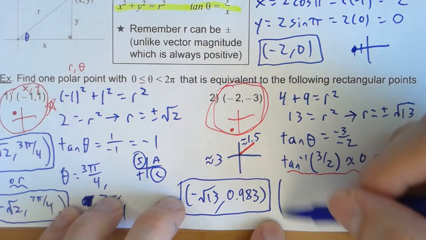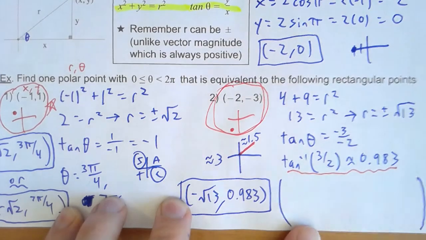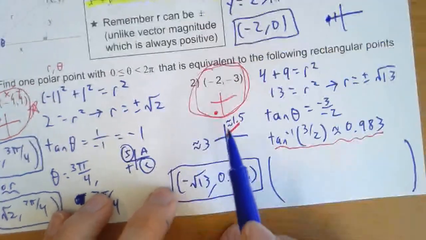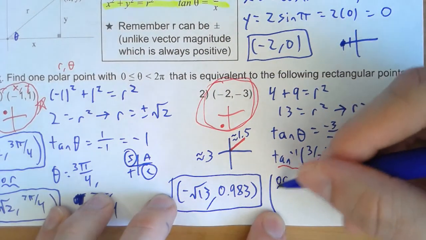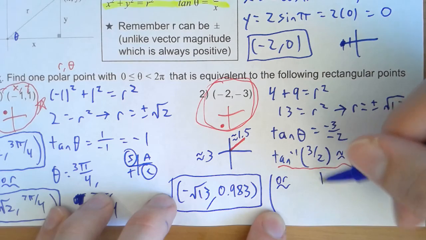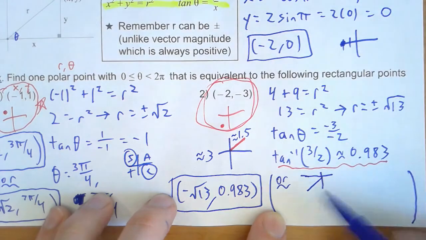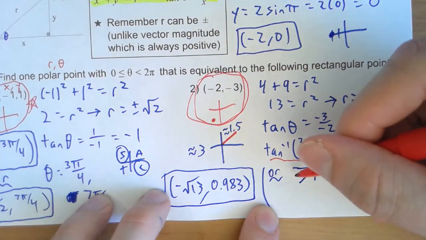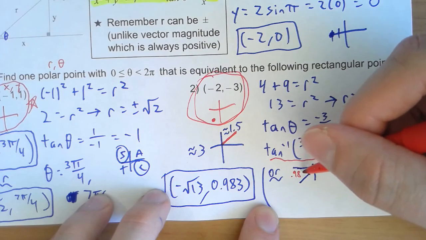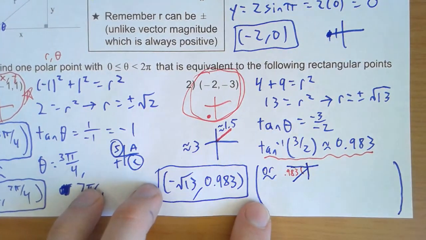If you did want to think about the other option, or if you were thinking, hey, this is the third quadrant point, I need to find the third quadrant angle, the other option would be to think about, okay, if I want a third quadrant angle, well, what I found was the reference angle here. That 0.983 would be in there as the reference angle.